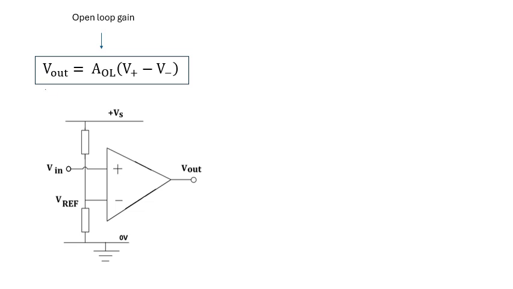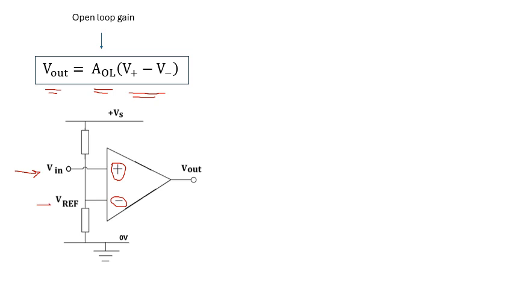Now remember that V out is the open loop gain, which is ridiculously big, times the difference between the voltage at the two inputs. Now looking at this circuit, at the non-inverting input, which is the V plus, there's my V in, that's my voltage going in. At the inverting input here, we have a reference voltage.